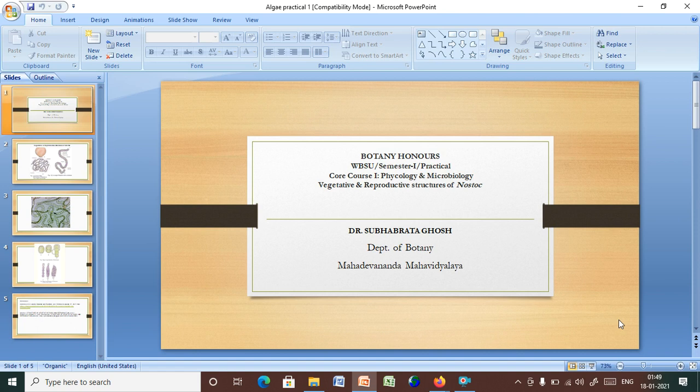From the previous classes, we must have a clear idea about what algae is. I think we all can recall that these are chlorophyll-bearing autophytic members of thallophytes, and there are so many types of algae. They form various forms and various types of thallus organization.